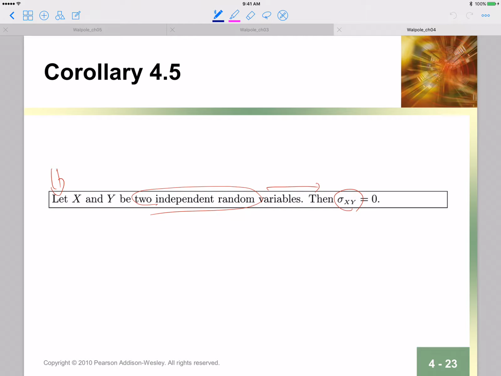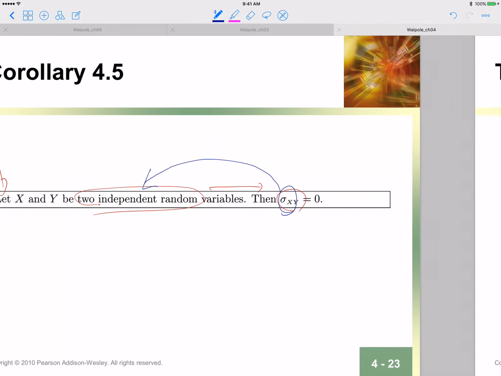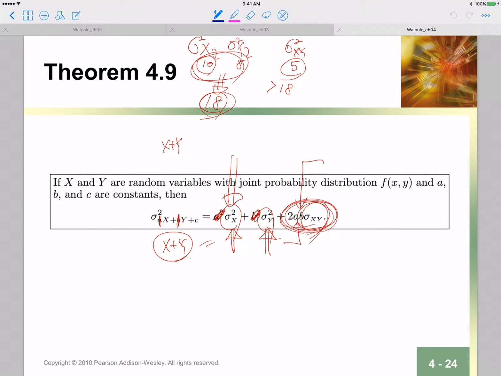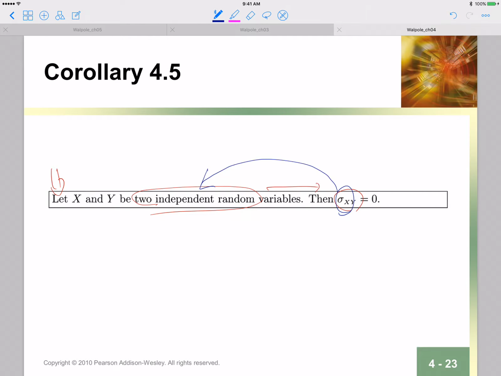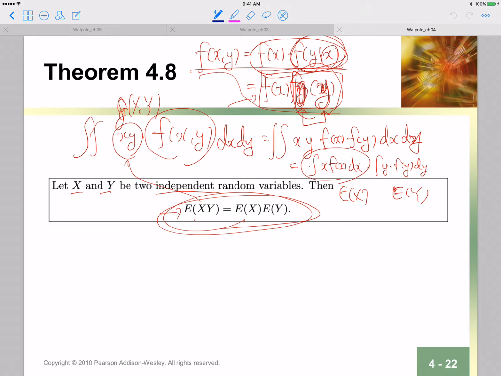So here in this case, the covariance being 0 means that they are uncorrelated, and then they are automatically statistically independent, right? And this uncorrelatedness, okay, we learned this theorem in this way.